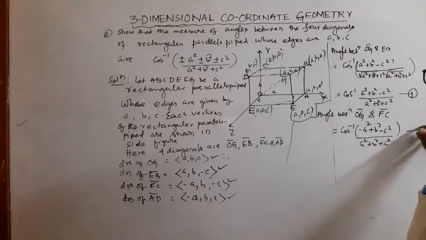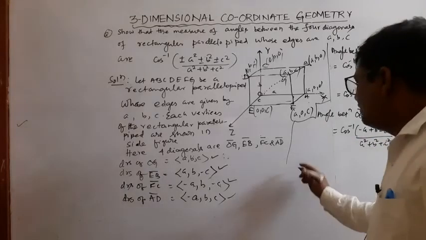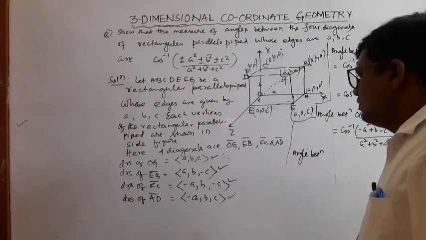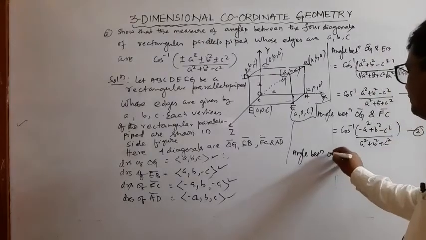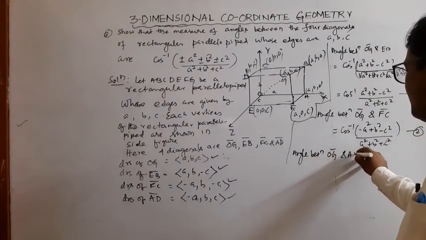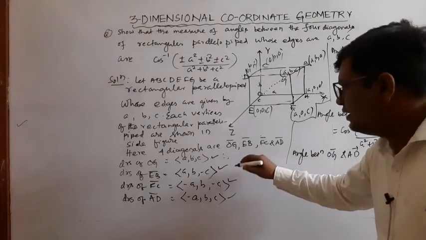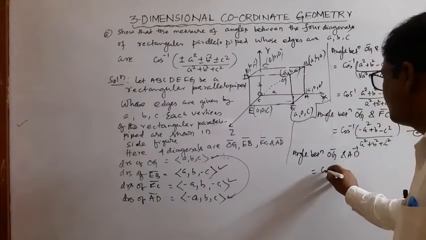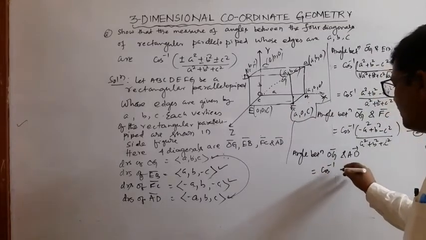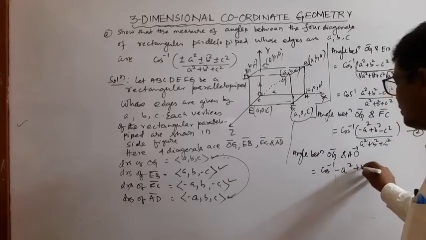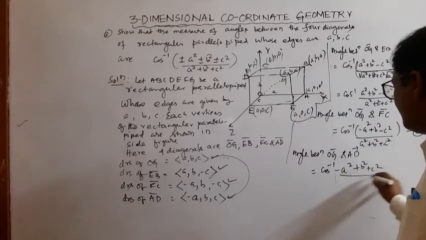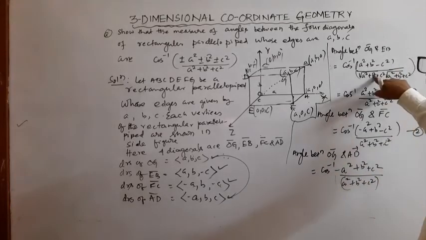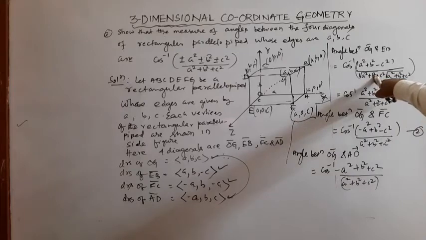This is 2. Now angle between OG and AD. OG and AD, the angle between this. So cos inverse what? A into A minus A square plus B square plus C square, by A square plus B square plus C square, as in the first case. Okay.